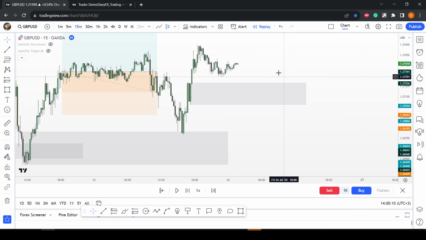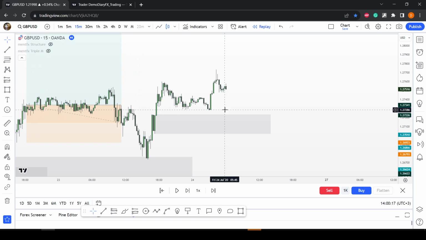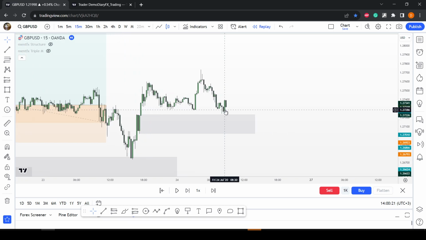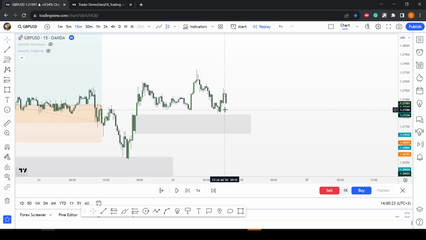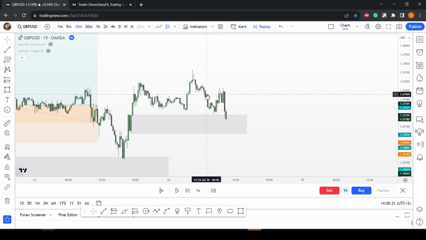So could it work? Yes, it could. Does it look good? No, it doesn't. It's Asia. It's the morning of London. It's impulse tightening.